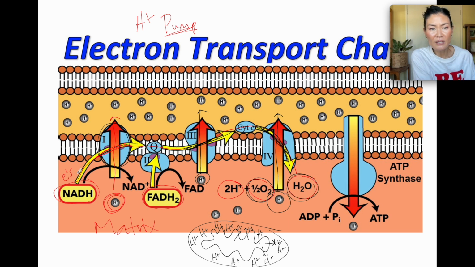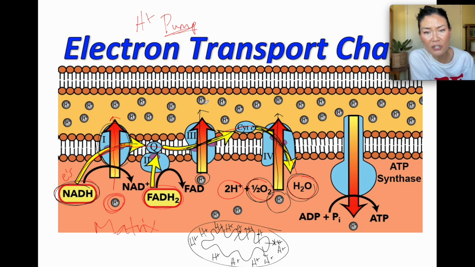Okay? So the electrons that came from NADH, which came from glycolysis and the Krebs cycle, are going to move through this chain of proteins or proton pumps until finally it gets to oxygen. As it goes through these proton pumps, it energizes them to pump protons into the inner membrane space, creating a concentration gradient.